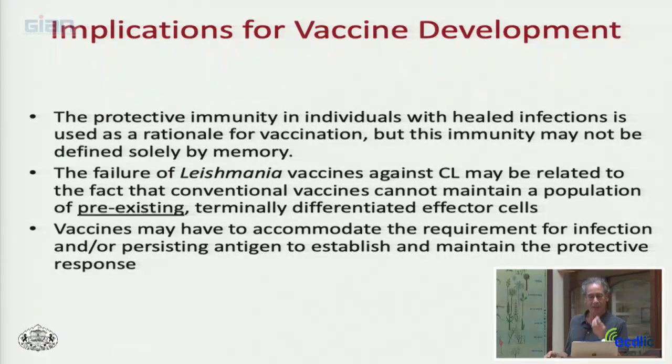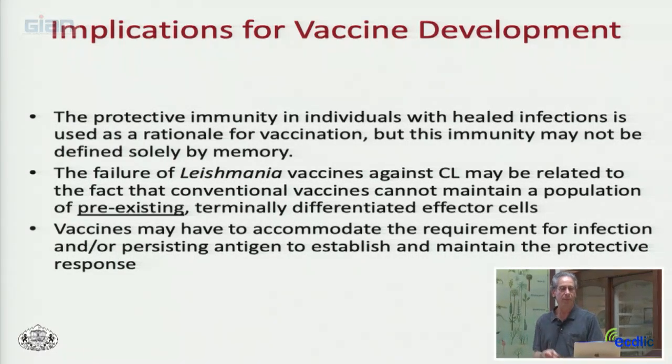So again, the key point is the effector cells have to already be present at the time of challenge. They can't be generated by this delayed response of central memory cells that takes a few days. They have to already be there.